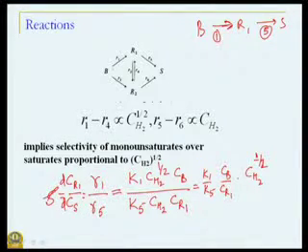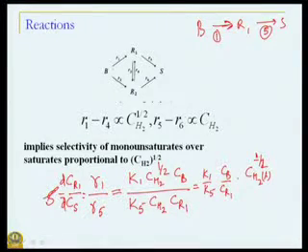So, now this selectivity is inversely proportional to hydrogen concentration in the liquid phase. Okay. So, what does it mean? It means that if you want higher selectivity of R1 over S, then the concentration of hydrogen should be lower, otherwise you will get results differently.